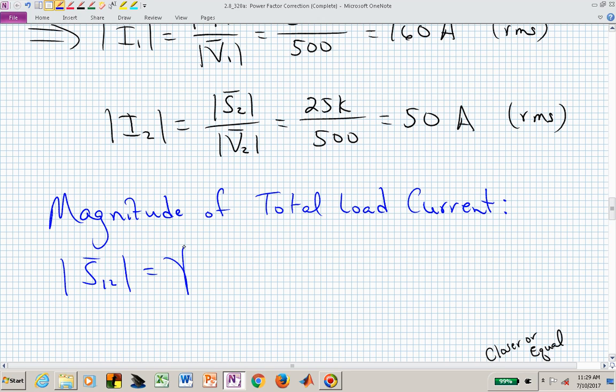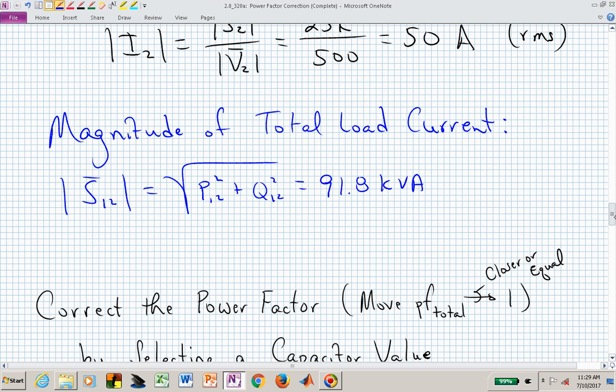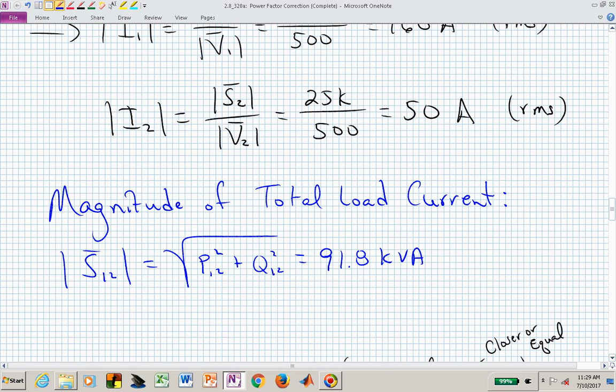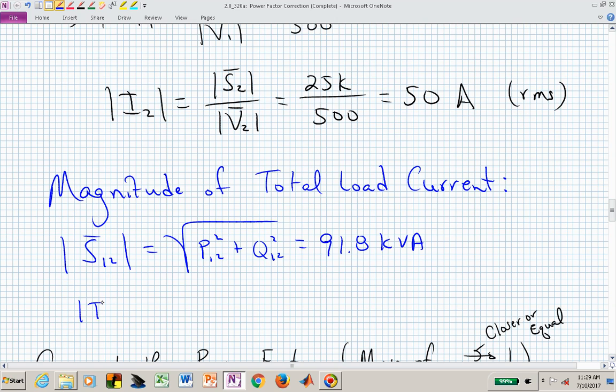That's now this square root of P12 squared plus Q12 squared, which we found to be 91.8 kVA, and I sub 1, 2, the current magnitude, is now going to be the value of the apparent power divided by the voltage, which is now 91.8 K divided by 500, which is 148 amps.